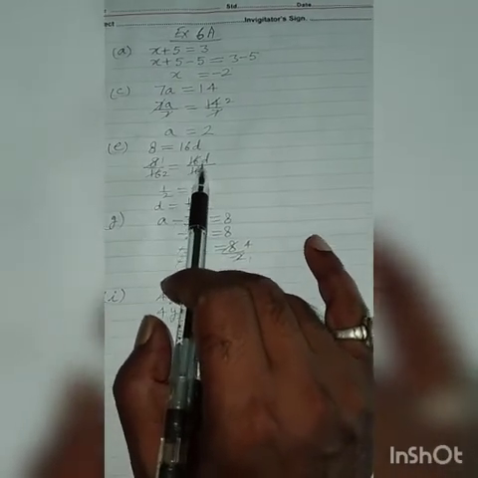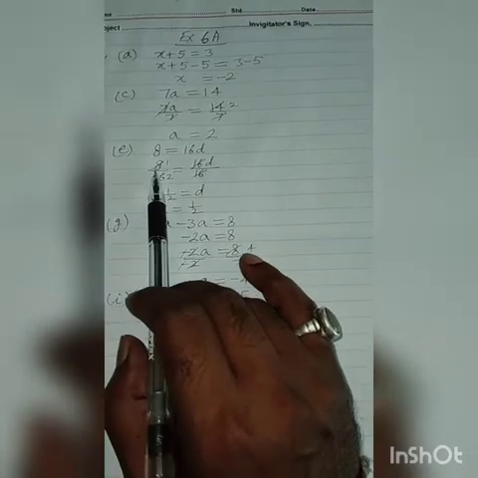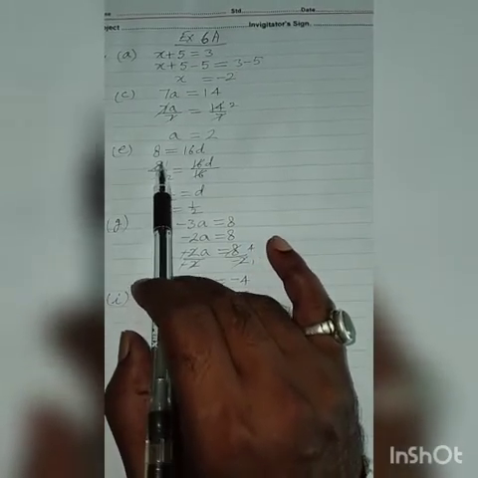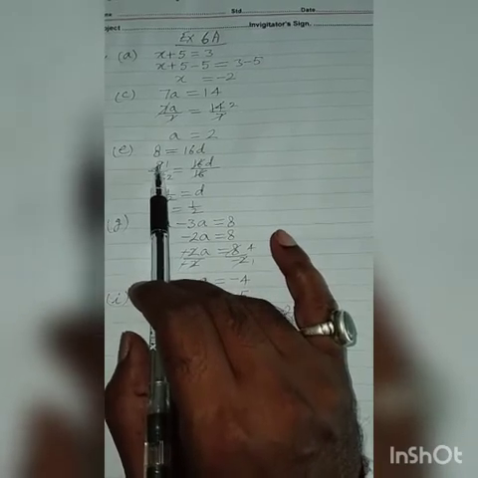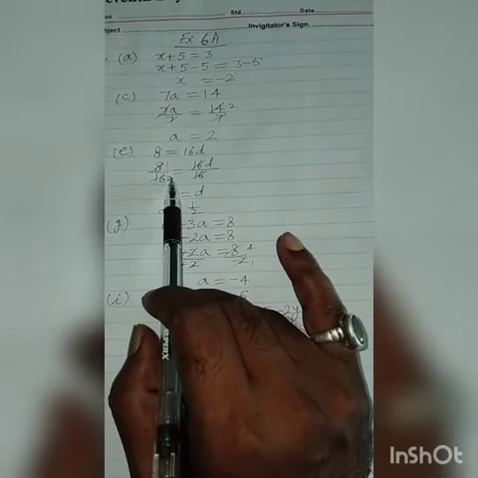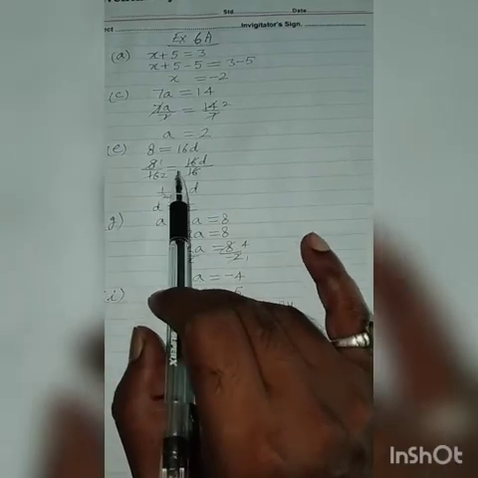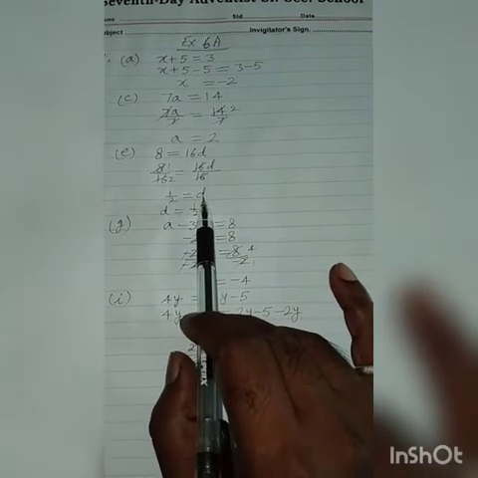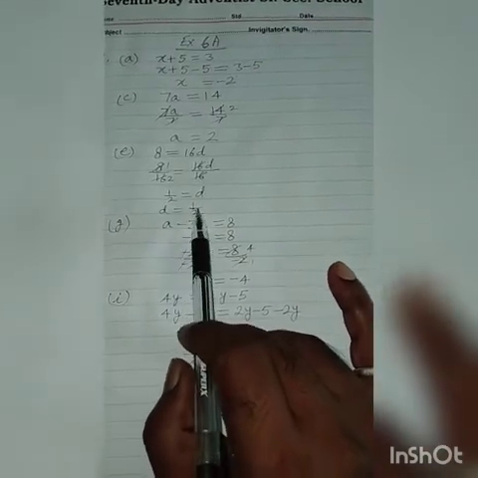So 16 and 16 cancel each other, and here the common factor, the HCF, is 8. So 8 1s are 8 and 8 2s are 16. So we get 1 upon 2. So 1 upon 2 equal to d, or d equal to 1 upon 2.